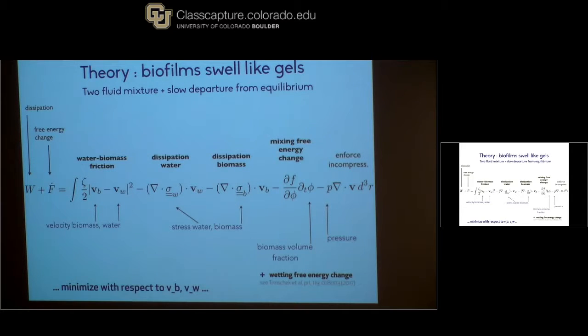Okay, and then we had this idea that one of the main things that biofilms do is they excrete polymers, and this production of polymers might help in spreading. And then I asked you whether you would think that, as a consequence of this, the water flow from the substrate to the biofilm would swell or expand, and everybody said expand, but then it wasn't clear what the forces were.